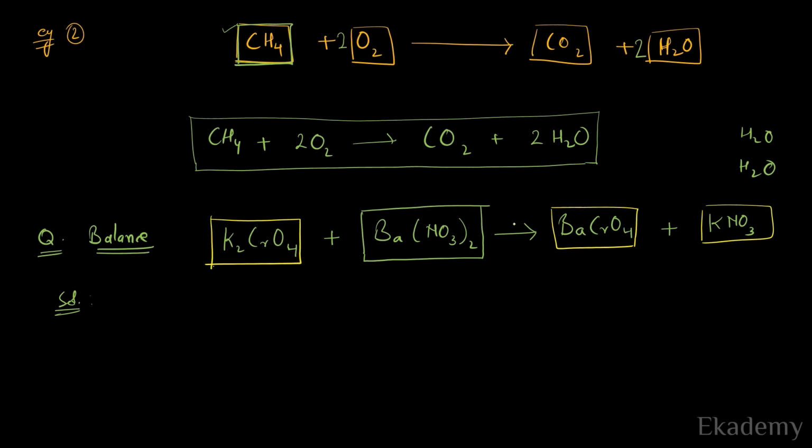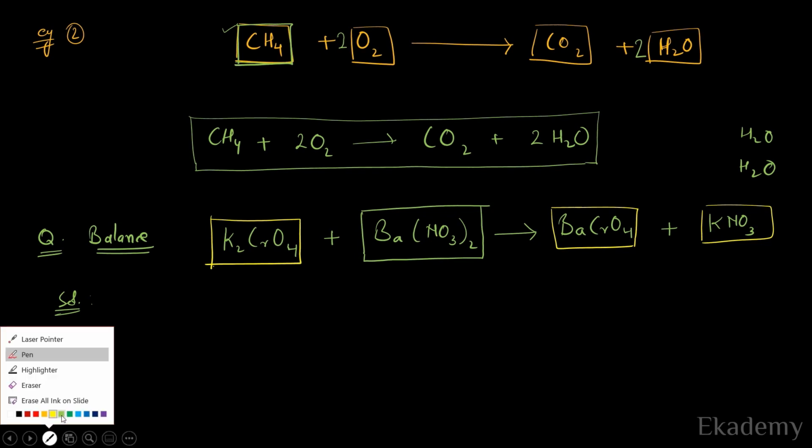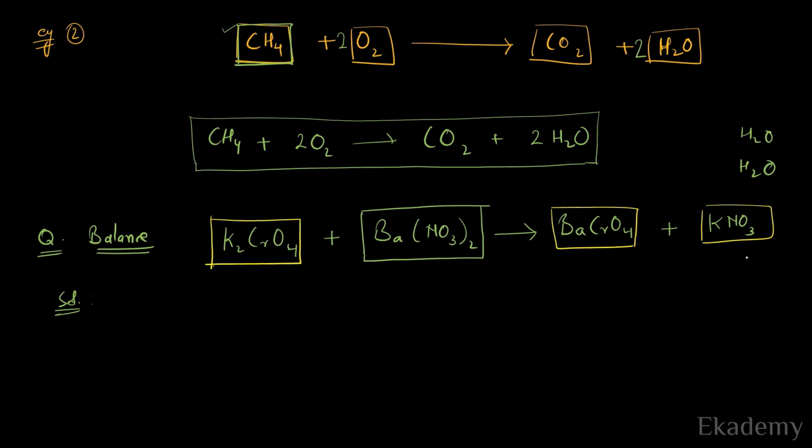Now, in order to balance this nitrogen, we need to add a number in front of this, and what that number should be? 2, right? This 2 makes 2 nitrogen. Here also we have 2 nitrogen.